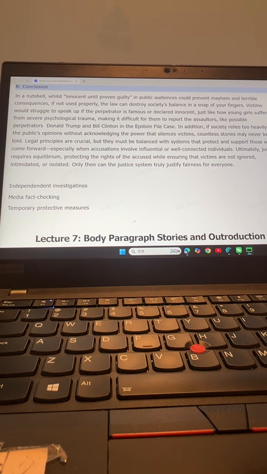And I think yes, only then can the justice system truly justify fairness for everyone. This is a very good closing sentence. Okay, so very good, 8.